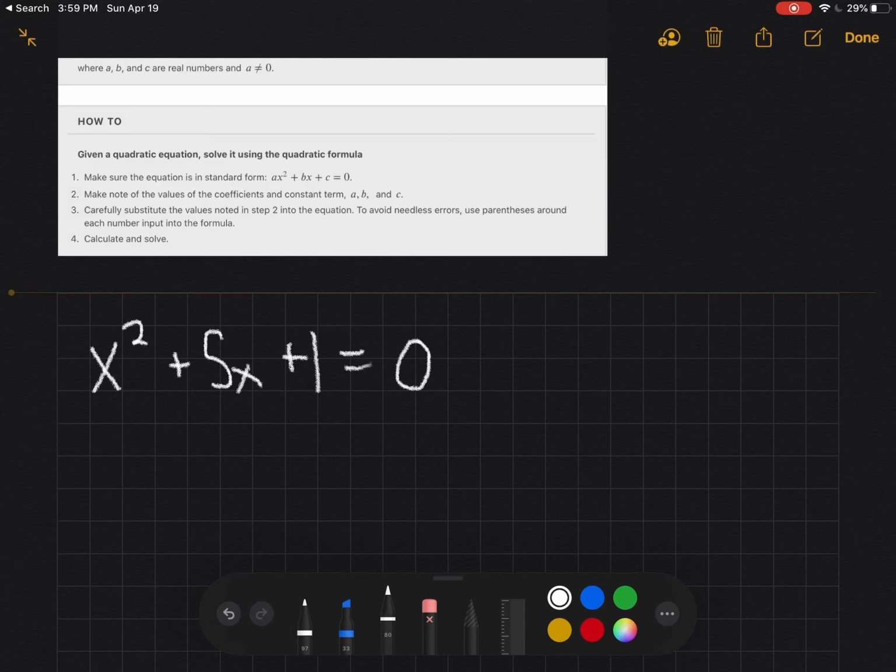All right. So we have here a quadratic equation. x squared plus 5x plus 1 equals 0. So far, we know two methods on how to solve it.